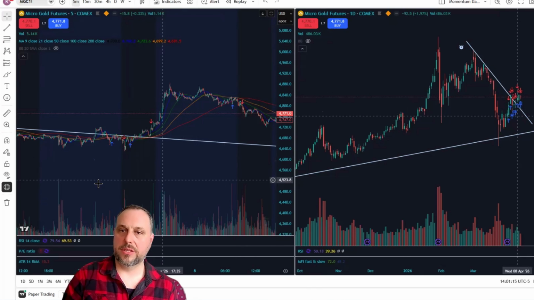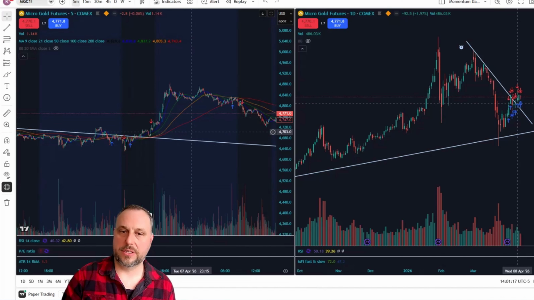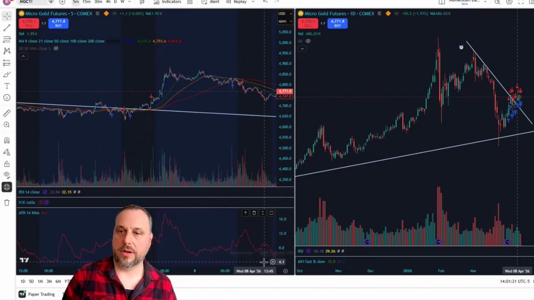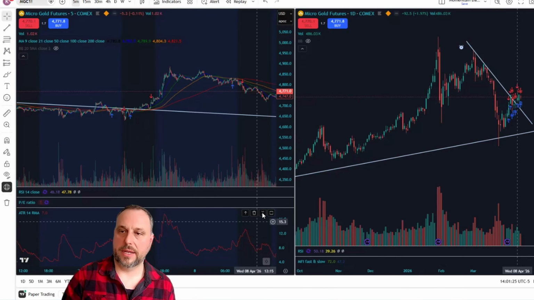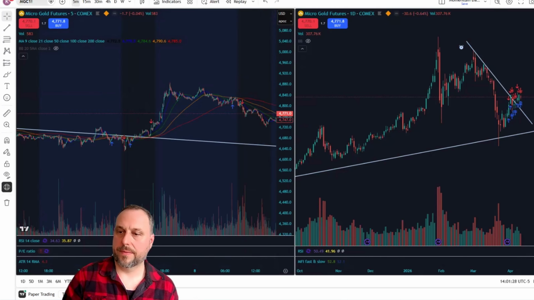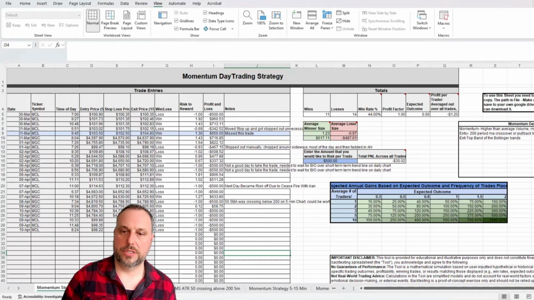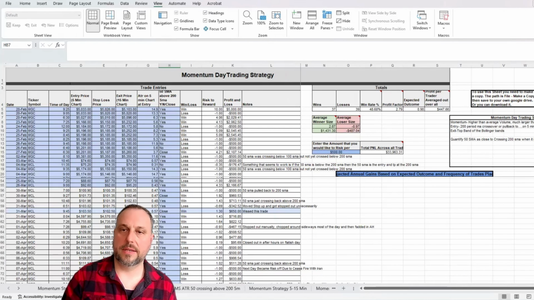So I went back in the charts and I tried to find all these occurrences and I tracked this ATR right here at the entry. And here's what I came up with. Let's go back to the spreadsheet. I tracked it here.